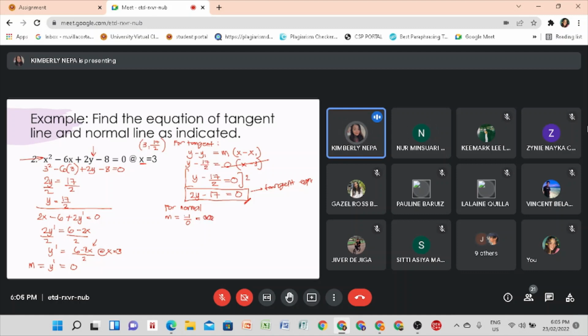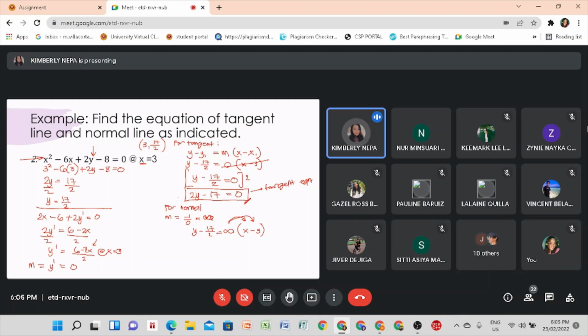So, in this case, y minus 17 over 2 is equivalent to undefined times x minus 3. So in this case, class, we cannot distribute infinity to our equation. So what we have to do is divide both sides by infinity to remove the infinity here.